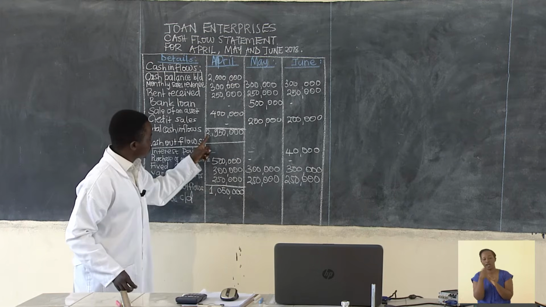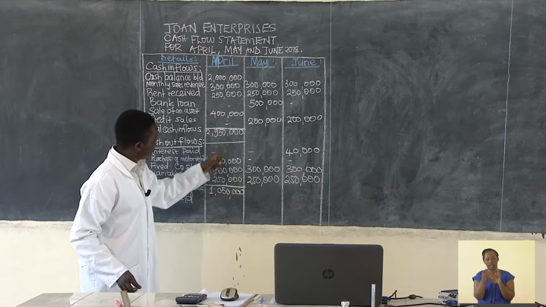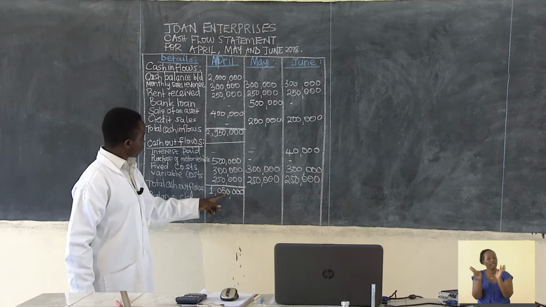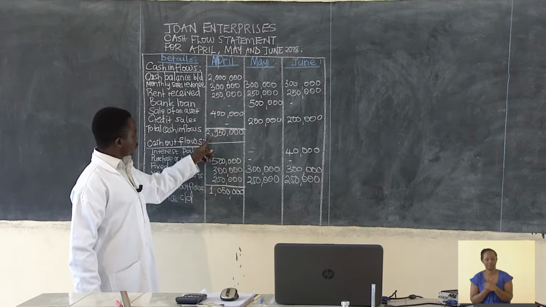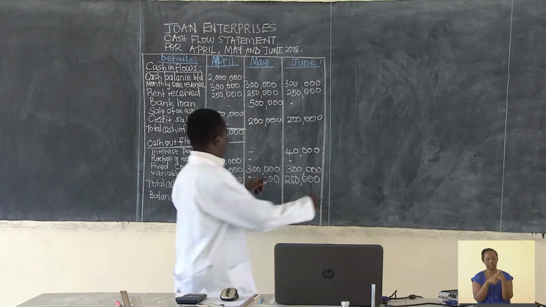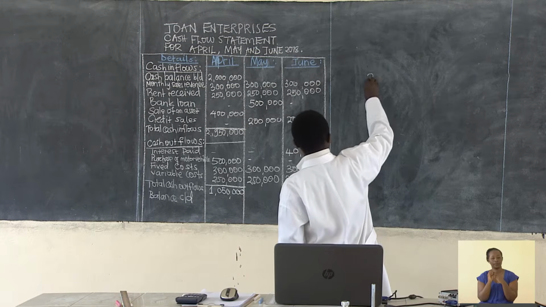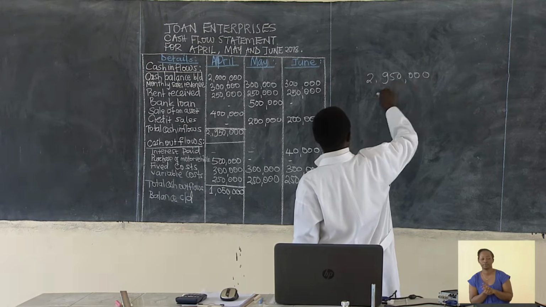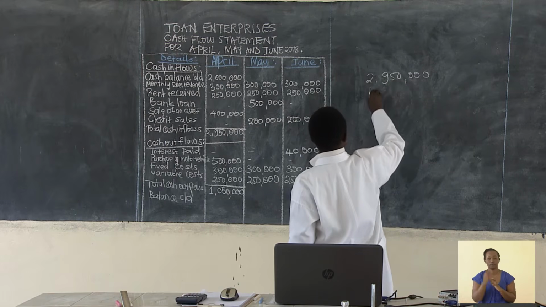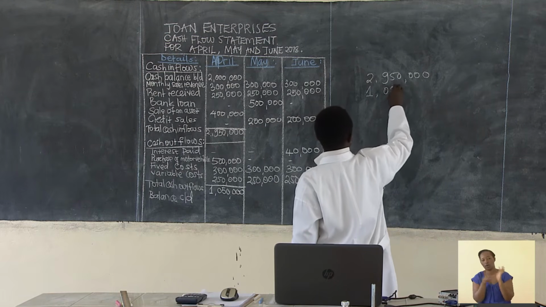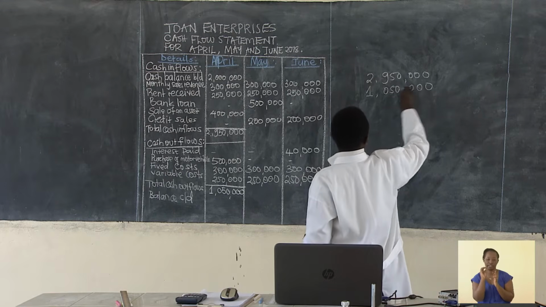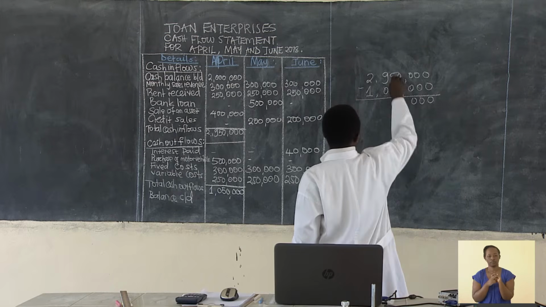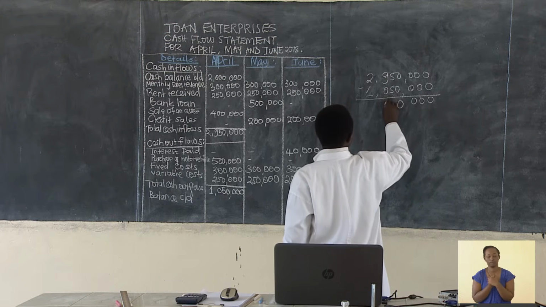So get 2,950,000, subtract 1,050,000. What do you get when you subtract? So those who have no calculators, you can do it in this way. 2,950,000, take away 1,050,000. We are subtracting 0, 0, 0, 0. 5 minus 5, 0. Here we have 9.